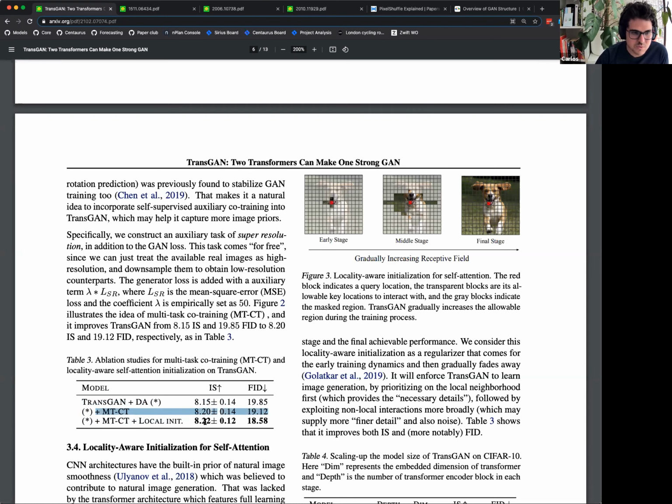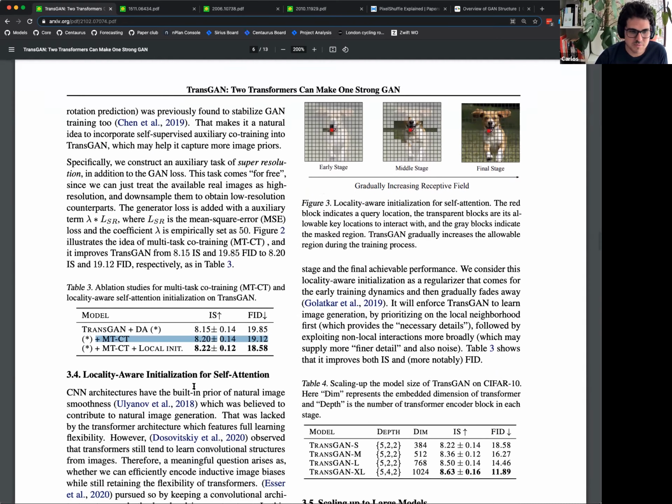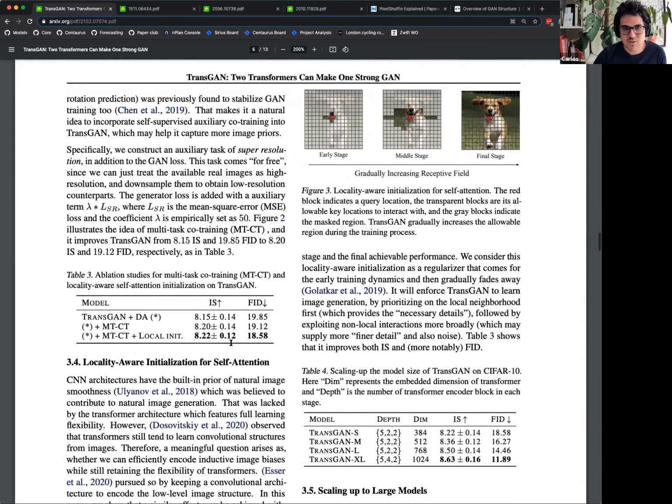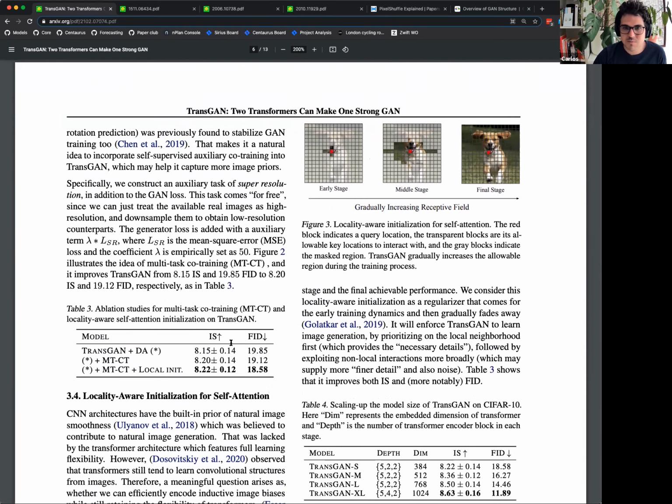And then what really gives them a further surge, and this is where their first contribution becomes a bit shaky, is that they do this locality aware initialization. They say, okay, transformers don't take into account locality, but we think that locality is important, at least at some stages of training.